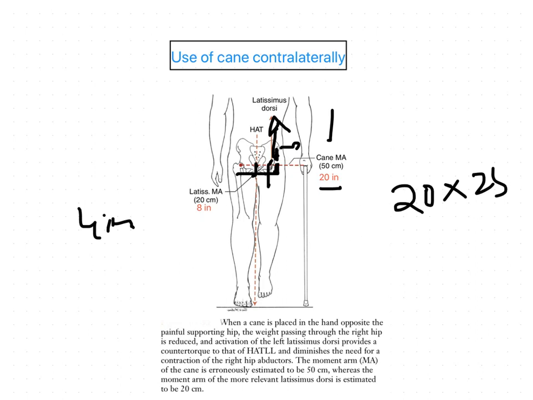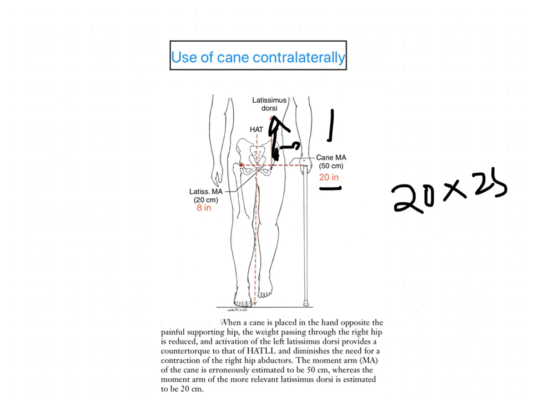So how much does it come to in total? 8 inches. Then we can find the moment arm of pull of latissimus dorsi, which is estimated as 25 inches into 8, that is 200 inch lb.